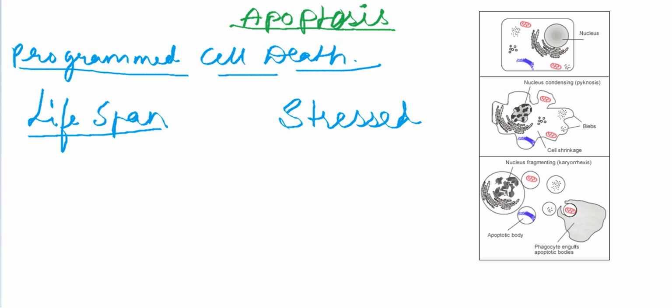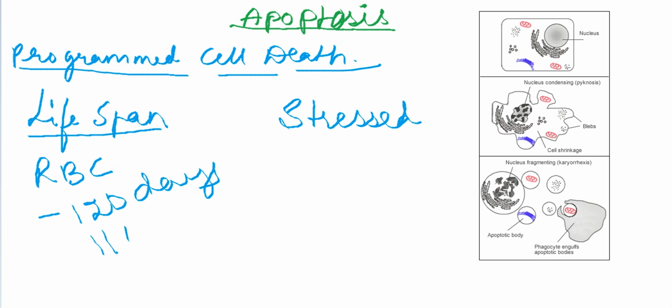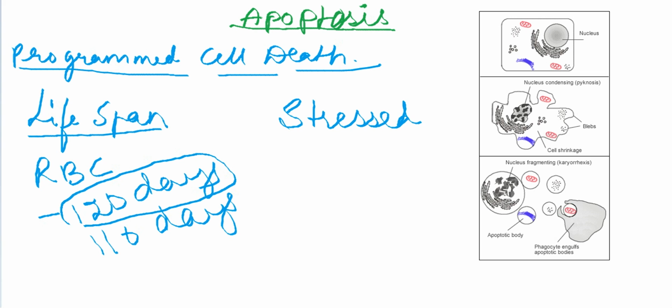I'll tell you with an example. An RBC has a lifespan of 120 days. Some books say 110 days, but for this video let's assume it has 120 days. After 120 days it will undergo apoptosis, that is, death after completing its lifespan.